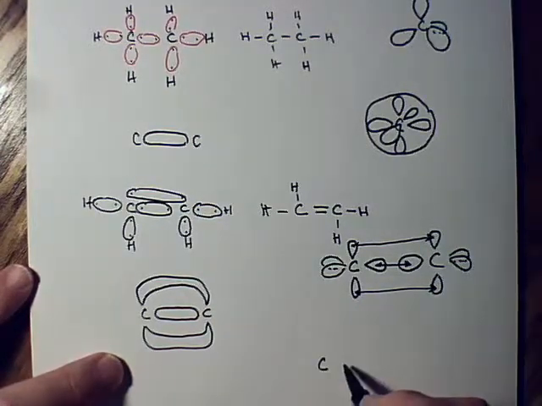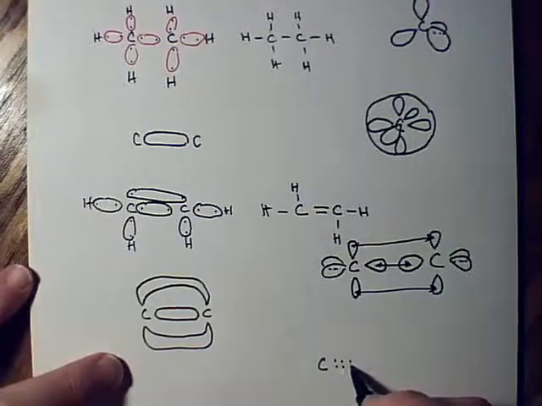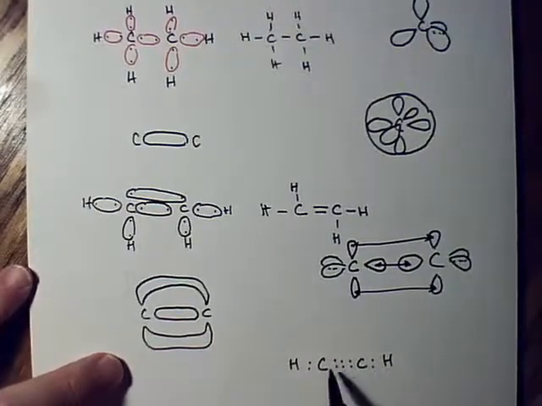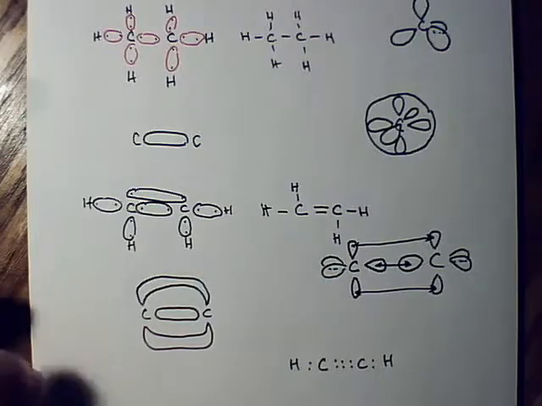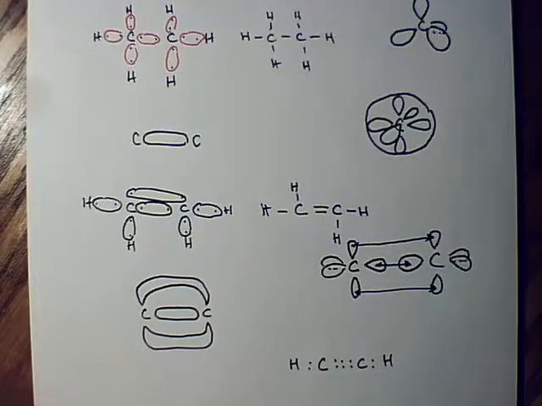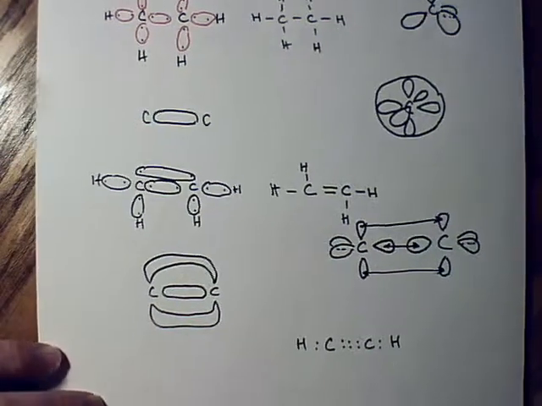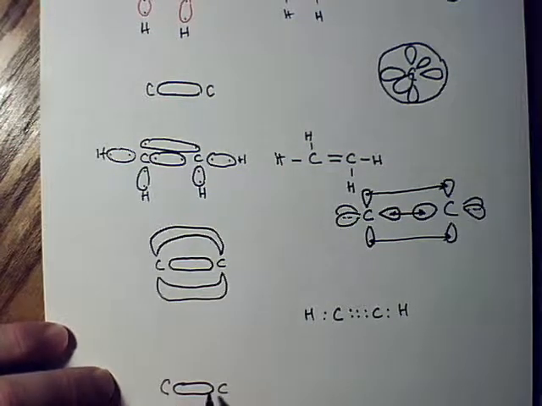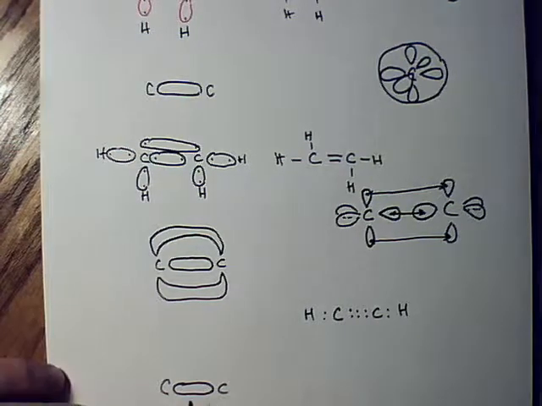If I have a carbon triple bonded to another carbon, so there's 3 sets of electrons shared between the 2 carbons. That's a triple bond. In a case like that, I've got that sigma bond in between the 2 nuclei. So sigma bond is, by definition, the bond that lies directly on the axis between the 2 nuclei of 2 atoms that are sharing electrons.